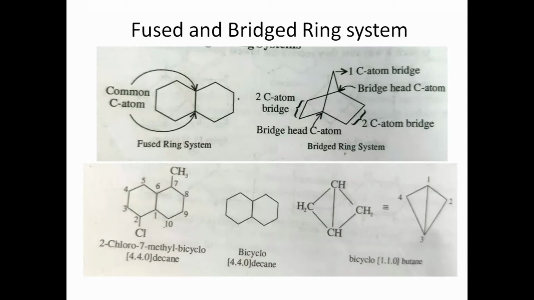So we will write first 2-chloro and then 7-methyl. Then bicyclo 4.4.0, with 0 for the bridgehead carbon atoms, and we will separate these numbers by a dot. And there are 10 carbon atoms, so we will write it as decane. Okay, the parent chain is decane.